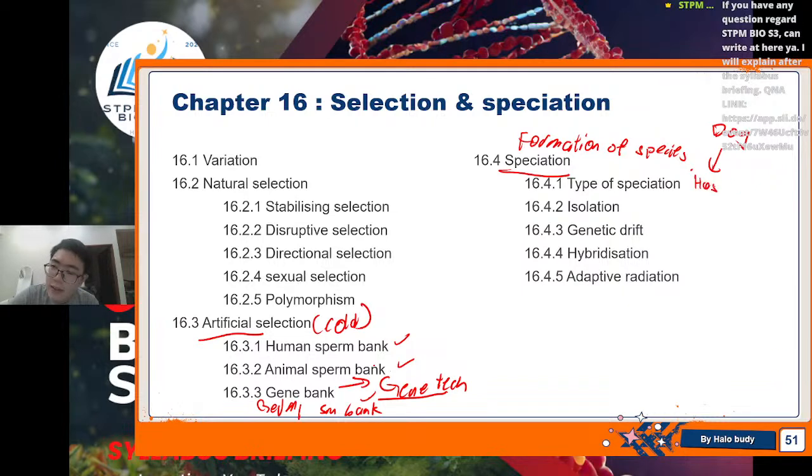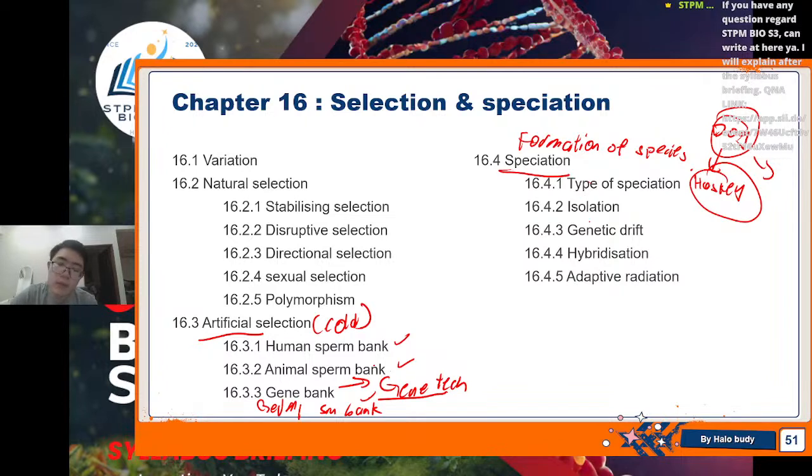Husky, I know husky, and there's another one I forgot because I didn't research dog species. Maybe you know, but you get my point: within one type of dog, there are many types of species. So how are these species formed? It is based on speciation.